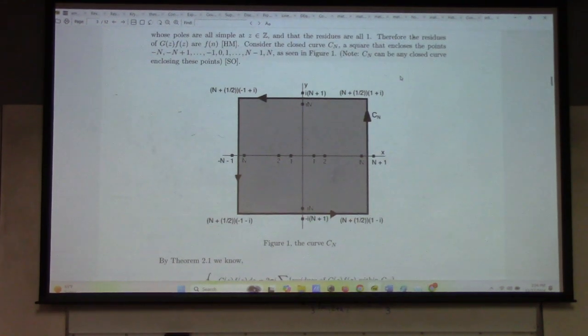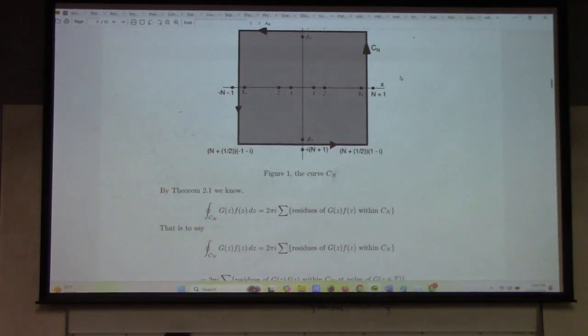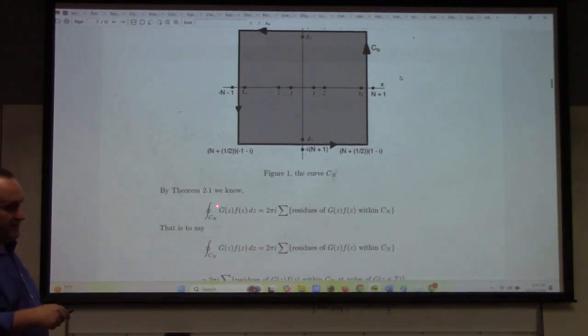Then what's done is you note that the integral along this rectangle, which is called Cn, is 2 pi i times the residues of the product of g and f of z within the Cn. And then arguments are given to show that this integral has to go to 0, because basically this function is going to be bounded on the rectangle, all right?